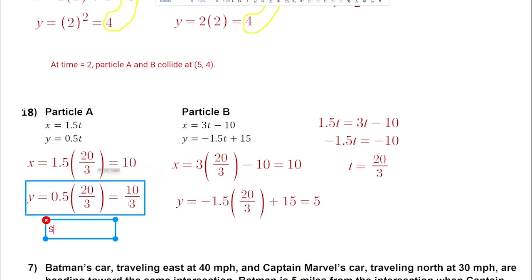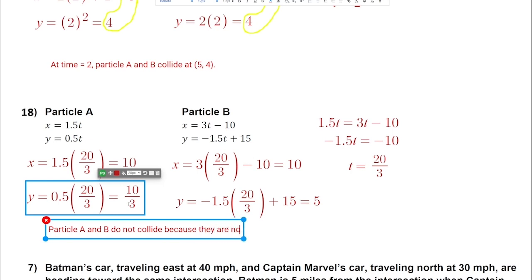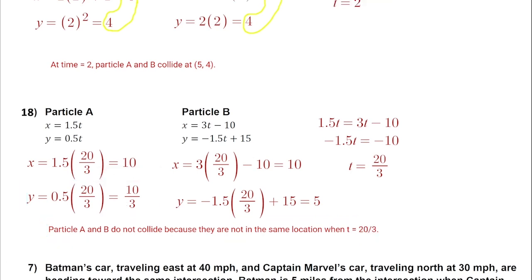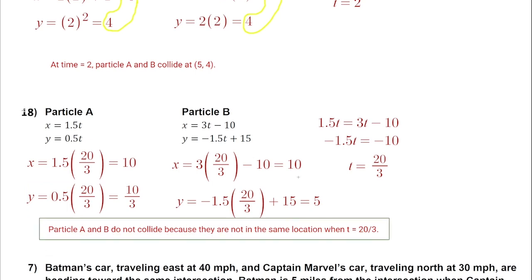If we really want to answer this completely, we would say particle A and B do not collide because they are not in the same location when t is equal to 20 thirds. So the key takeaway here is that there is no collision.